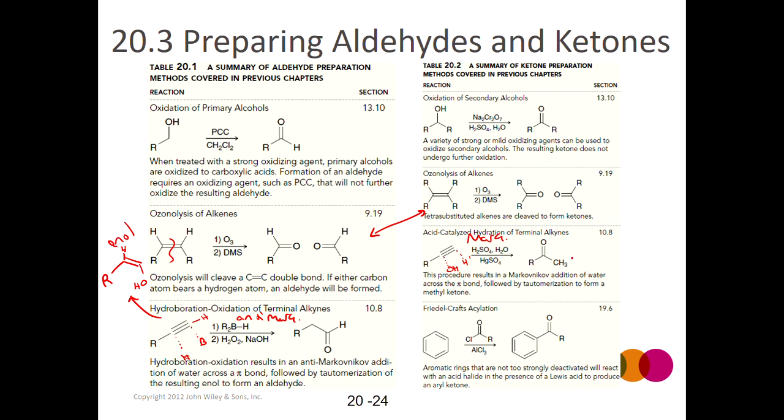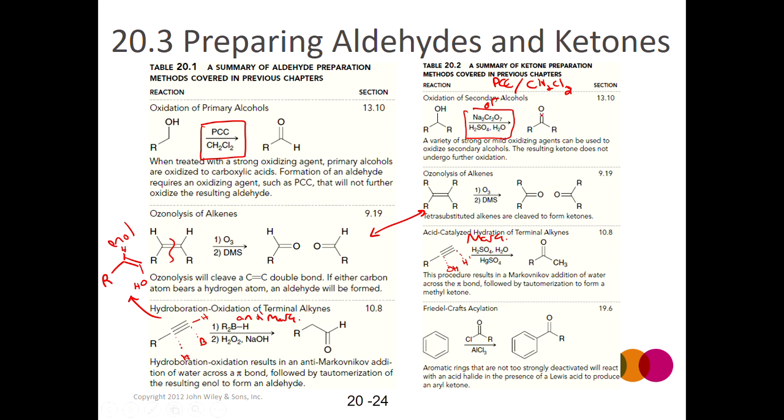Earlier this semester, we talked about oxidation. We said we can convert a primary alcohol into an aldehyde using PCC oxidation conditions. We can convert a secondary alcohol into a ketone using the stronger oxidizing agent. We can also use the PCC here as well. PCC is also strong enough to convert an alcohol into a CO double bond.